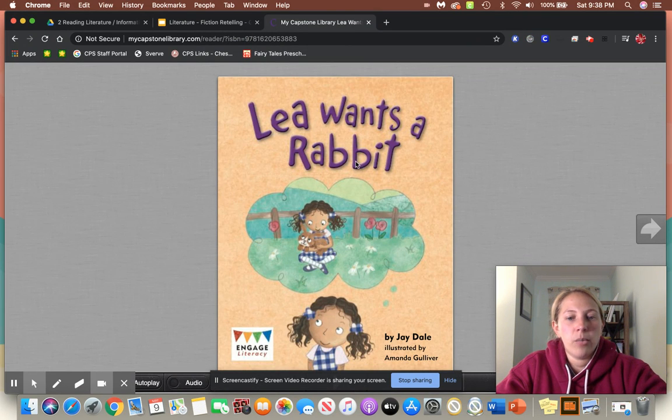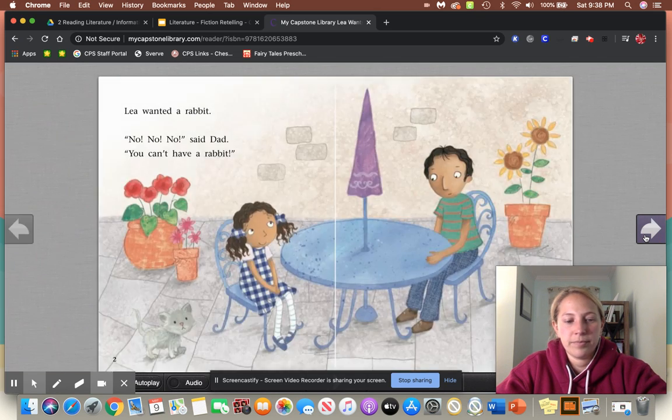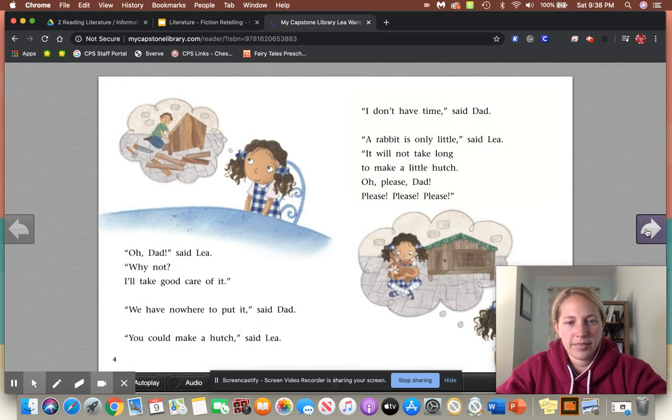Leah Wants a Rabbit by J. Dale and illustrated by Amanda Gulliver. Leah wanted a rabbit. No, no, no, said Dad. You can't have a rabbit. Oh, Dad, said Leah. Why not?